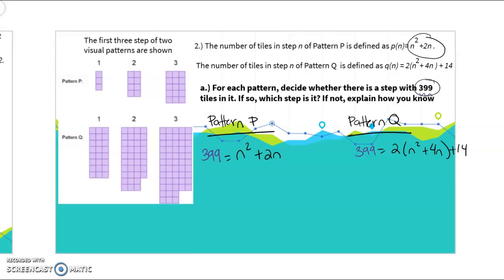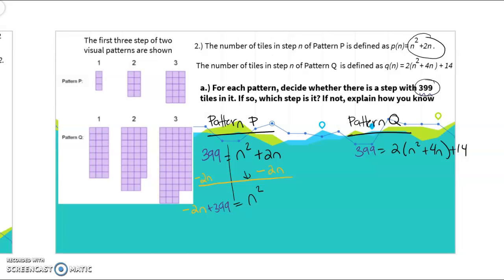Alright, so I want to get n squared by itself. That means I need to get rid of this 2n. I'm actually going to subtract it over. These are not the same. This has an n and this does not have an n. So I have 399 minus 2n, whichever you prefer.